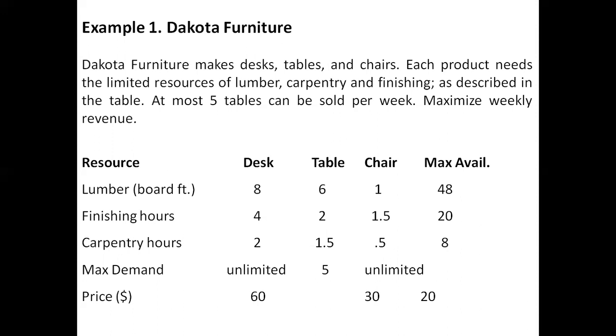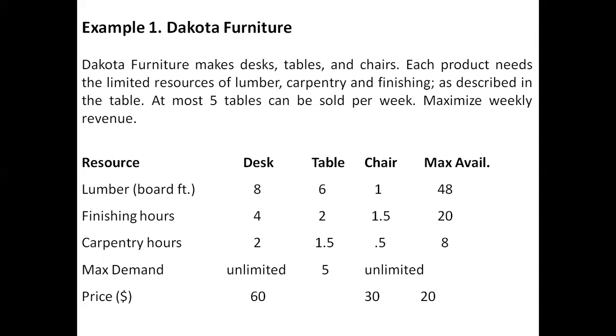Moving on to the price, for the desk it is 60 dollars per unit, for the table it is 30, and for the chair it is 20. Considering these values, we have a constraint only for the tables. That is, a maximum of 5 tables will be sold, so the RHS for maximum demand is equal to 5.